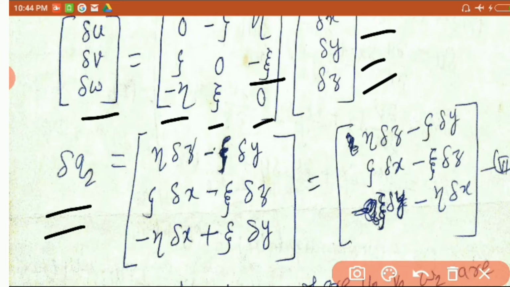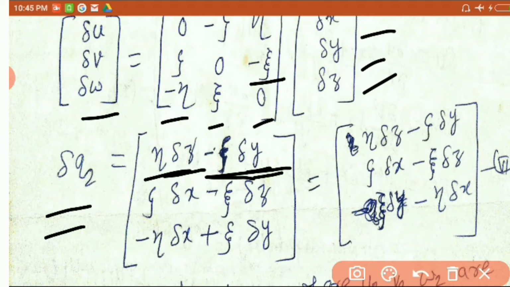So 0 into delta x is 0, plus minus zeta into delta y plus eta into delta z, which means eta delta z minus zeta delta y.